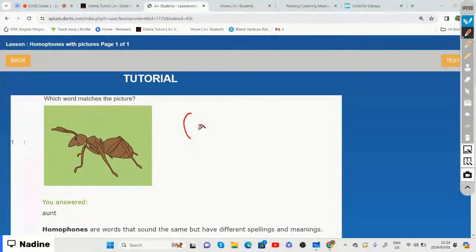Do we spell this word ant like this, or do we spell it aunt like this? Which word is the correct word that matches the picture? So we need to match one of these two words with the correct picture.